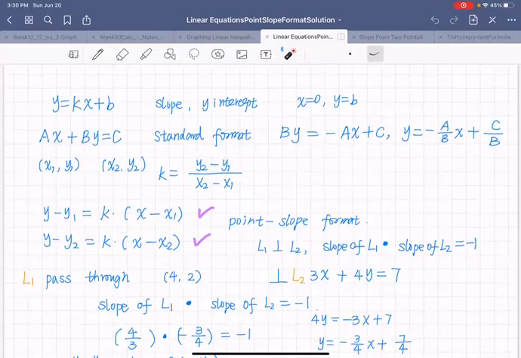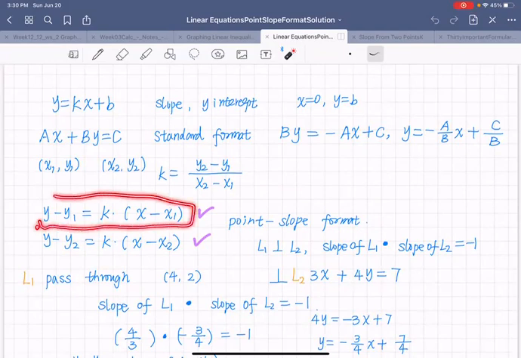There is one more format called the point slope format. If you pass x1, y1, x2, y2, you can write your equation like this. Ethan, go ahead and read this aloud. Y minus y1 equals k times x minus x1.